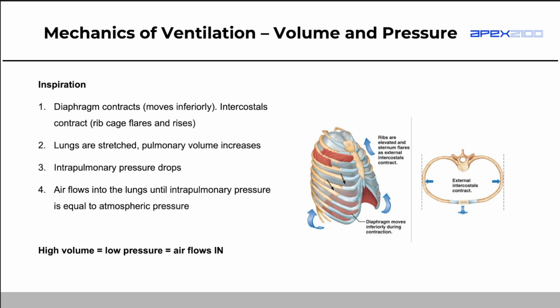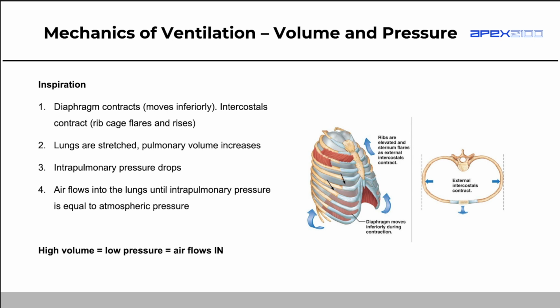It moves inferiorly to help widen and expand that lung volume. The intercostals also contract, which helps to flare and raise the rib cage. So when you take a deep breath in, you can feel your rib cage gets wider, but it also rises as well. So that's from those intercostal muscles. So in this position, once you've taken a breath in, your lungs are being stretched. So the volume within the lungs is being increased.